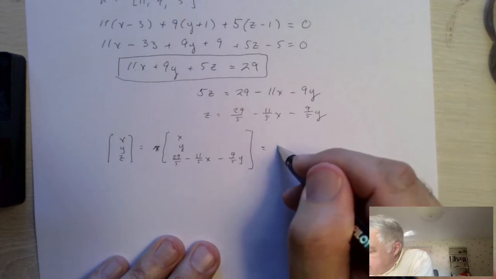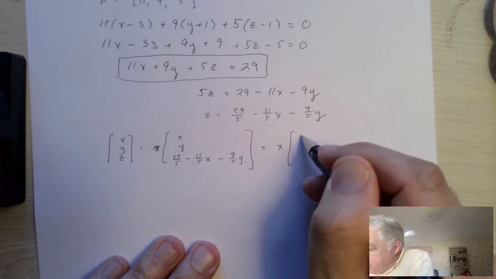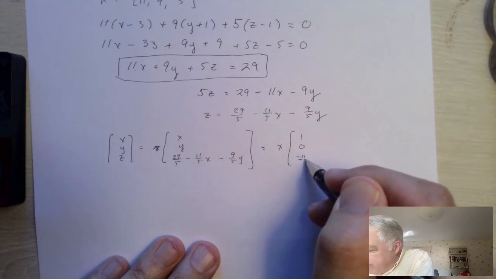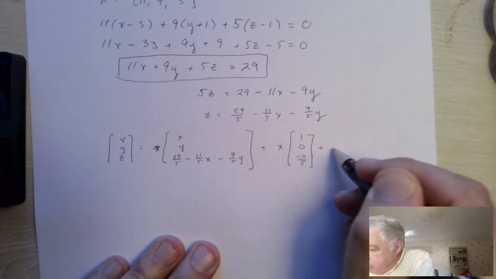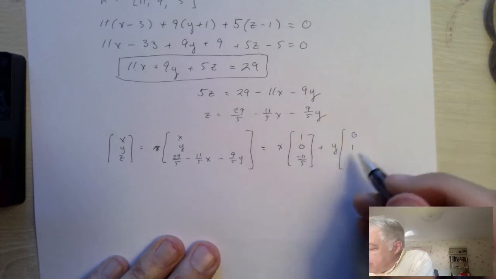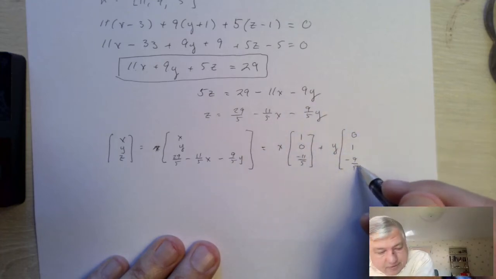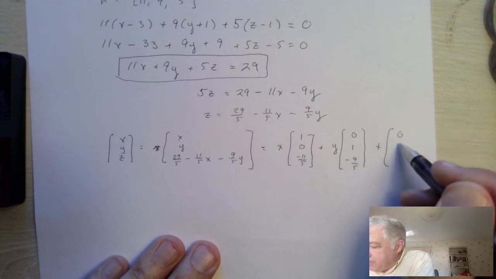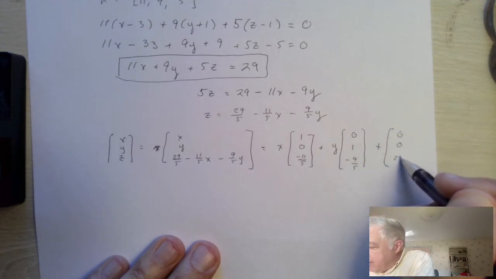as x times 1, 0, negative 11 fifths plus y times 0, 1, negative 9 fifths plus the constant vector 0, 0, 29 fifths.